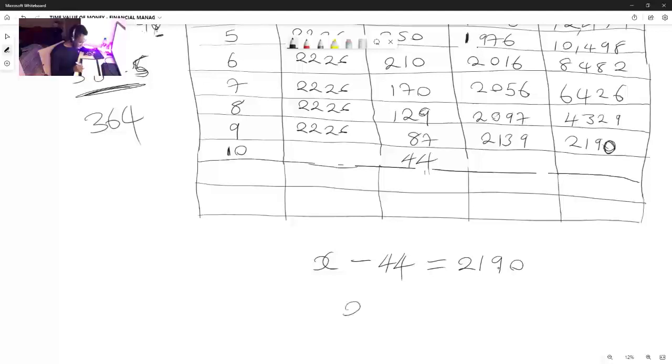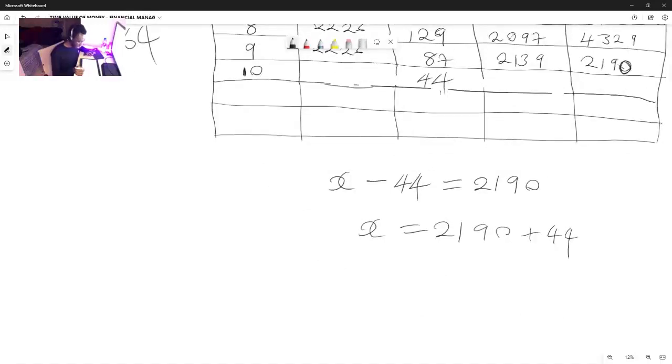So we're going to say x minus 44 is equal to 2,190. We write x there, and then we take 44 to the other side, so it turns into 2,190 plus 44. When we do the calculation, x is equal to 2,190 plus 44, which gives us 2,234 kwacha.